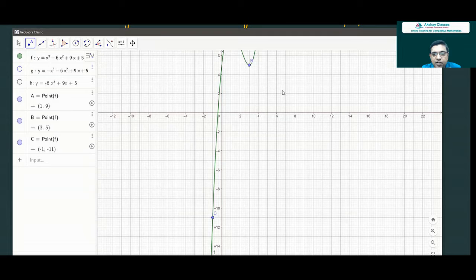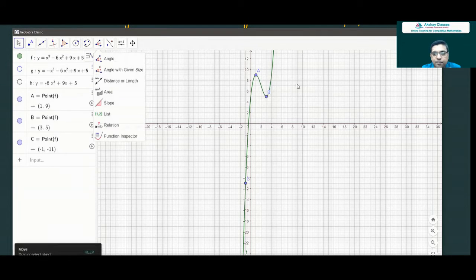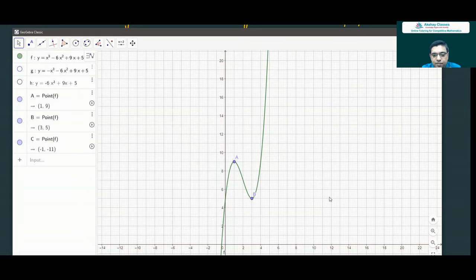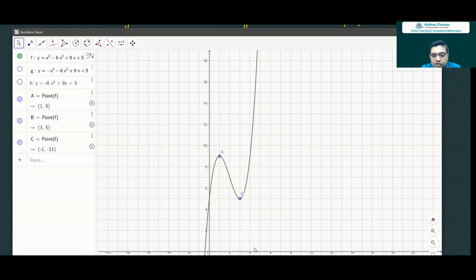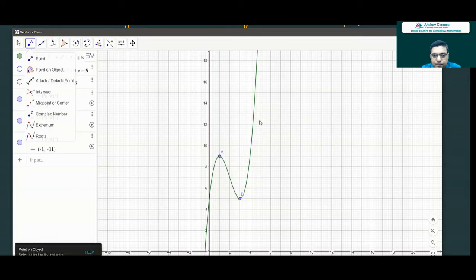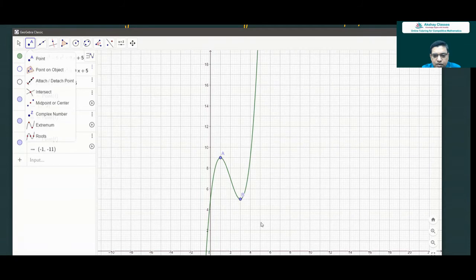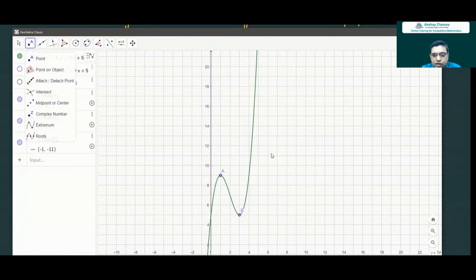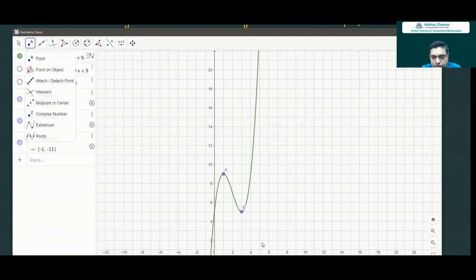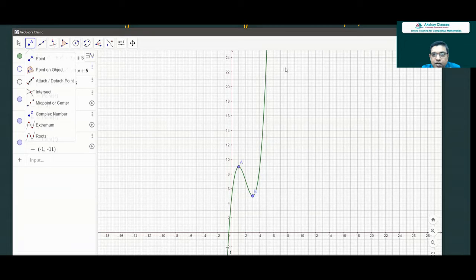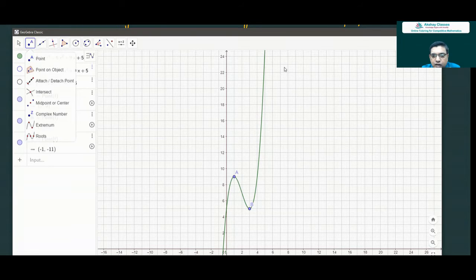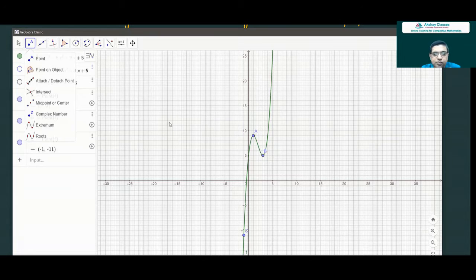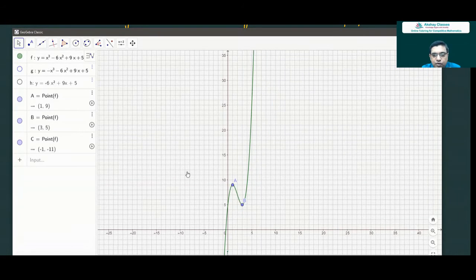And for x equal to 5, what is the value we got? 25. 25, sir.